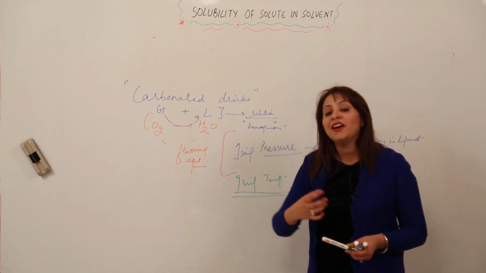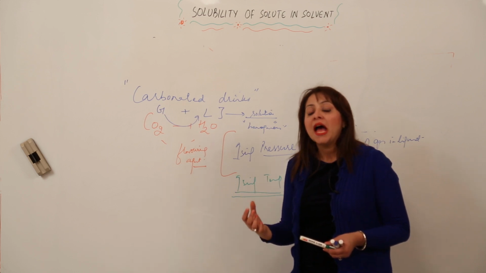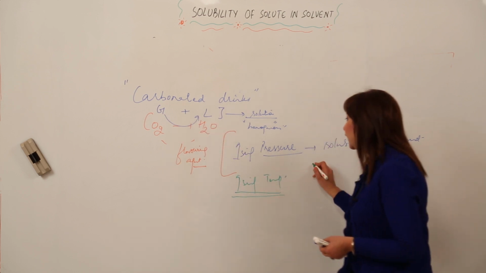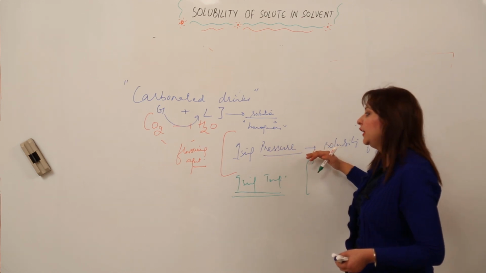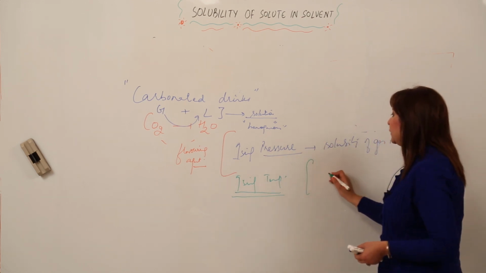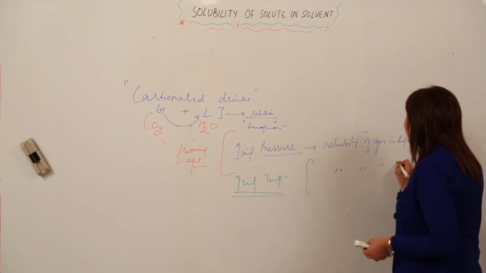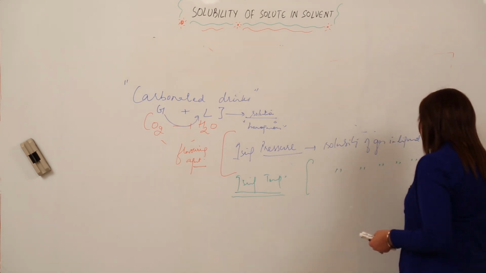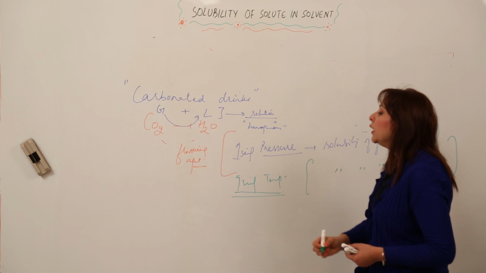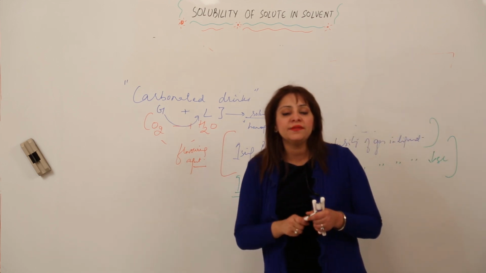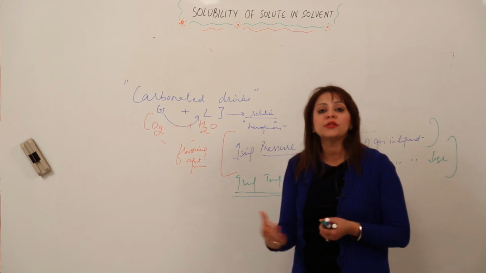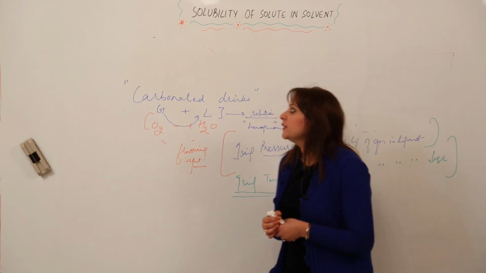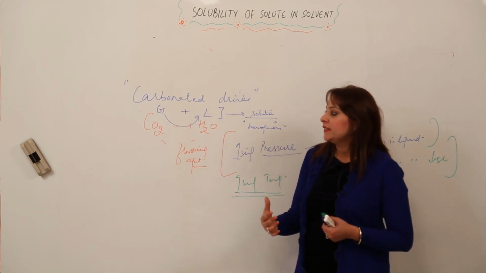So they just escape, and the solubility of gas in liquid decreases. So by increasing pressure, the solubility of gas in liquid increases, but by increasing temperature, the solubility of gas in liquid decreases. This is how the temperature and pressure factors affect the solubility of a solute in a solvent.